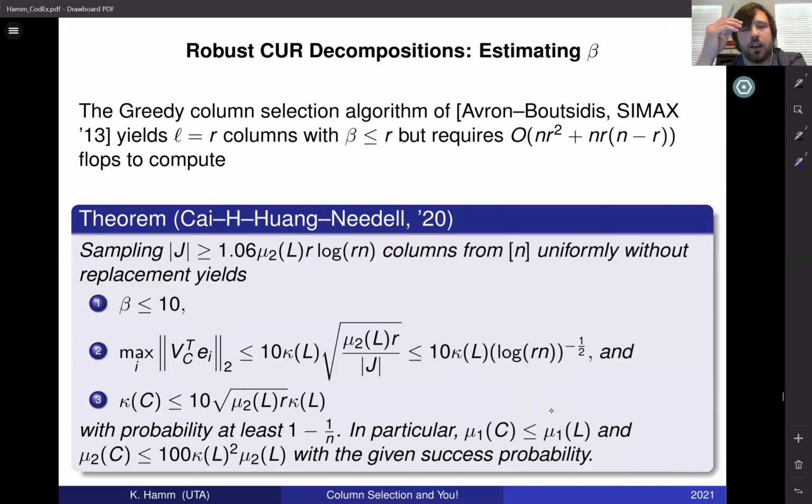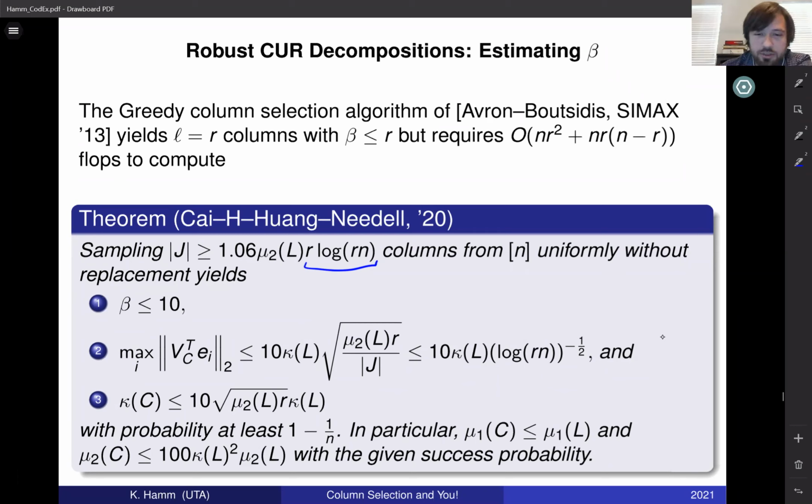So now I want to mention the least complex sampling scheme I can do, which is just to sample uniformly. And here's a sample theorem. There's a more complicated statement, but this is by choosing some parameters. Basically, if I sample essentially R log R times N columns, up to this factor of the incoherence of L, uniformly without replacement, then beta is a constant, bounded by 10.